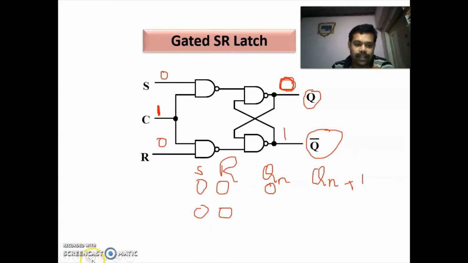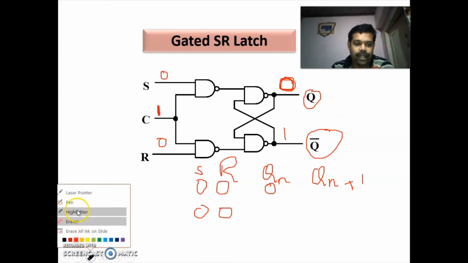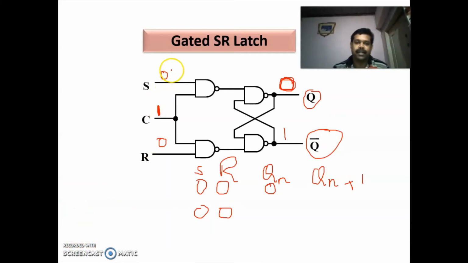I am taking S as 0, R as 0, present state as 0, and I am considering clock as 1. So in a NAND gate, if any one of the inputs is 0, then the output is 1.